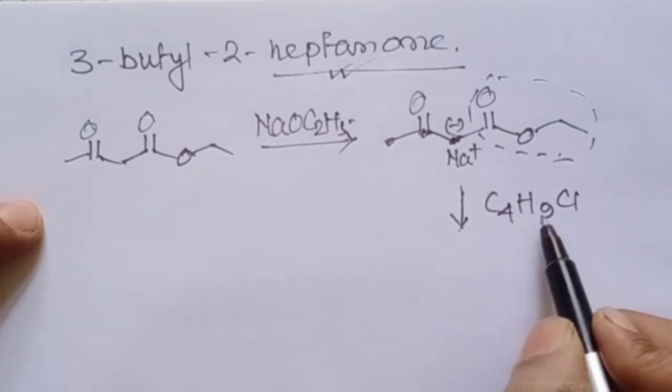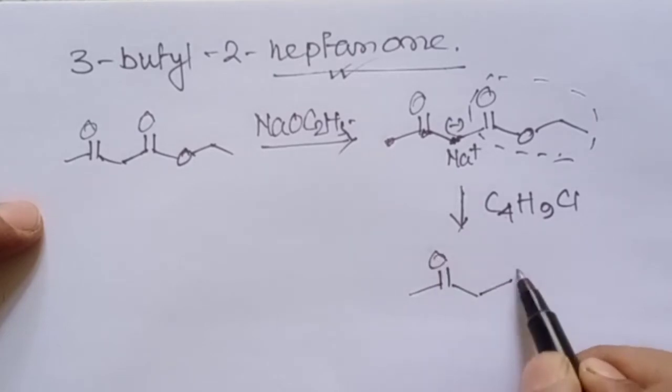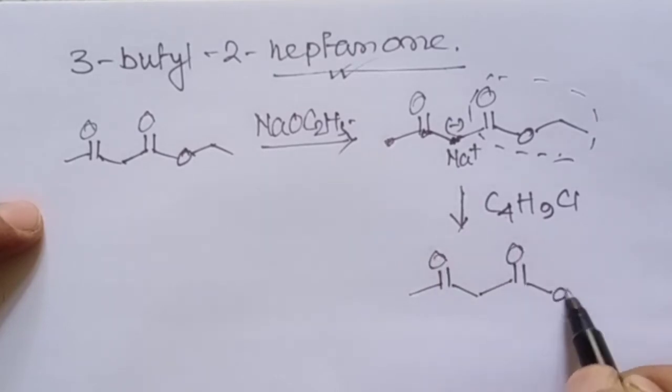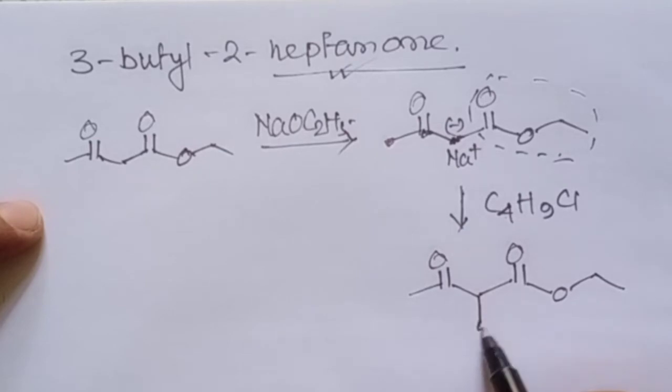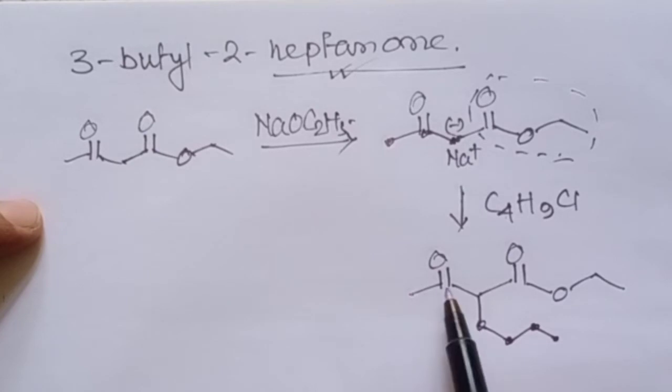On addition of C4H9, the product will be 1, 2, 3, 4. So this one will be the product. Now find out whether it is heptanone or not: 1, 2, 3, 4, 5, 6, 7. So we have prepared 2-heptanone first.